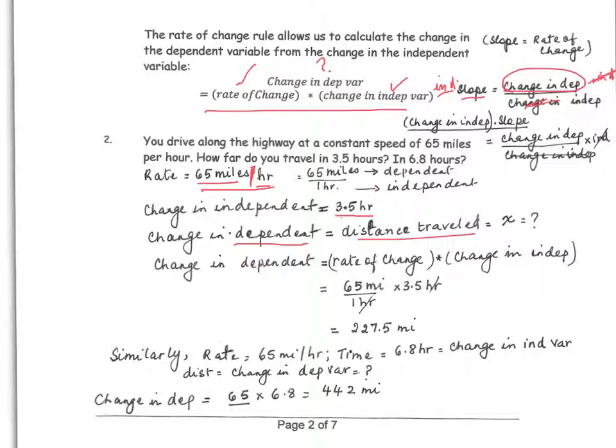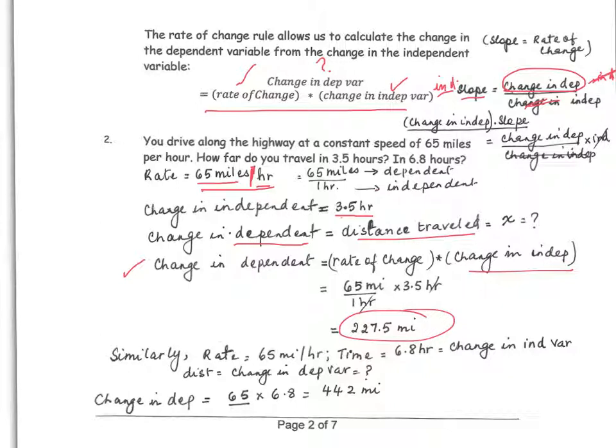You know the rate, write down the equation, you know the change in the independent variable, plug in the numbers, and you get that the change in the dependent variable is 227.5 miles. So that is the same as saying that in 3.5 hours, we can travel 227.5 miles, given that we're traveling at a rate of 65 miles per 1 hour.